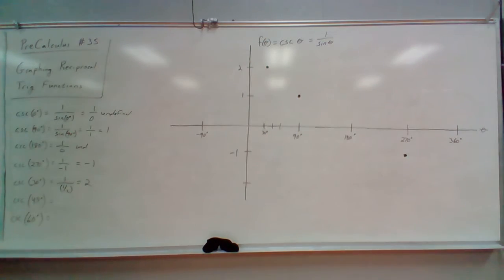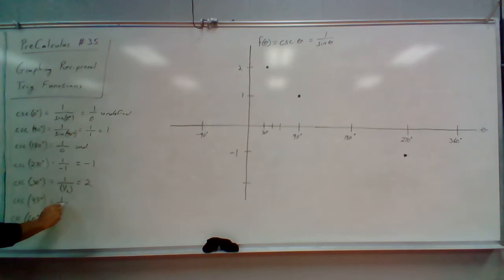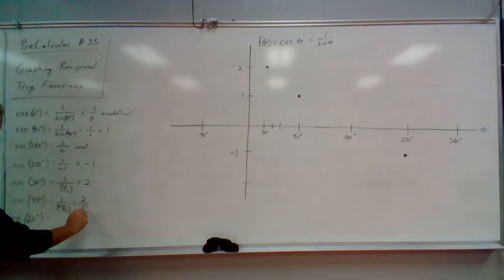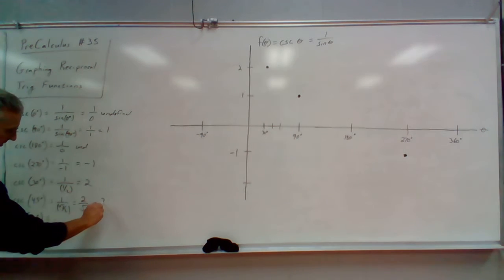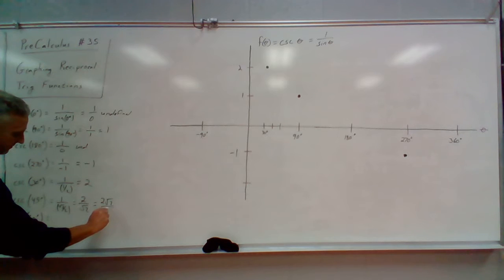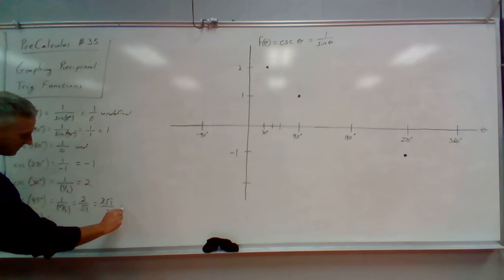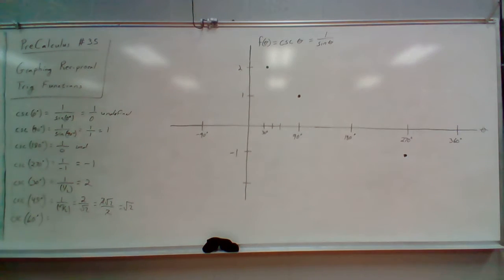Cosecant of 45 degrees. So that's 1 over the square root of 2 over 2. So that would be 2 over the square root of 2. If we rationalize that, we get 2 square root of 2 over 2. Simplify, and you get the square root of 2.